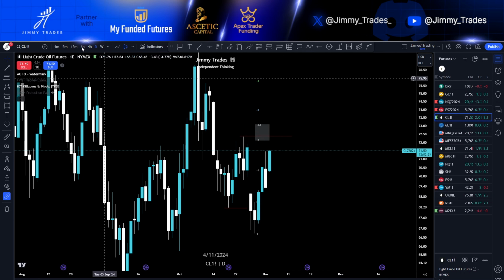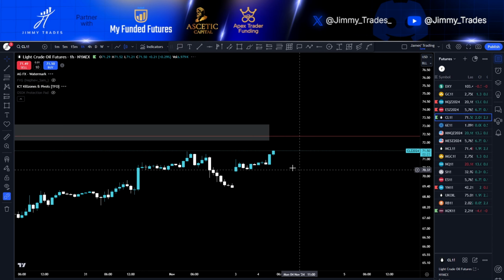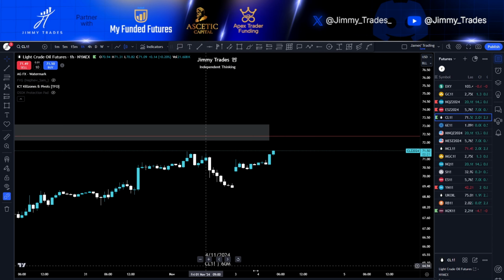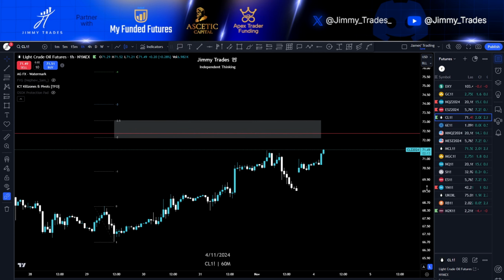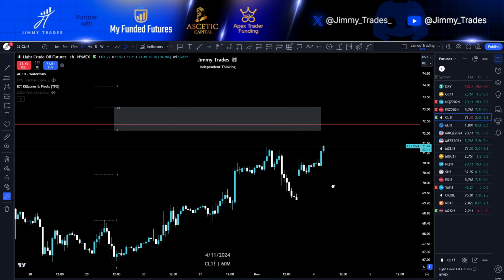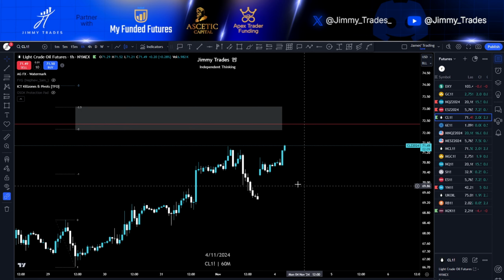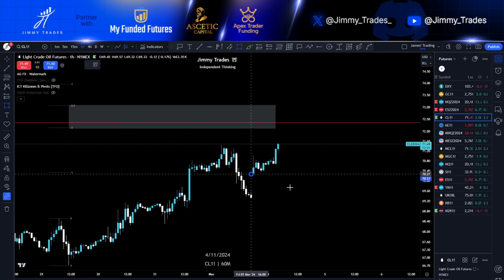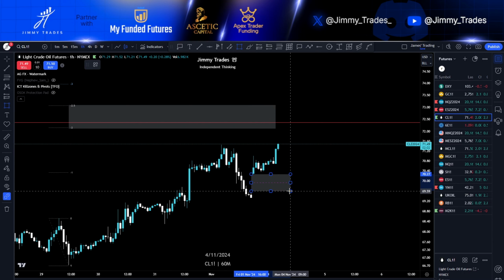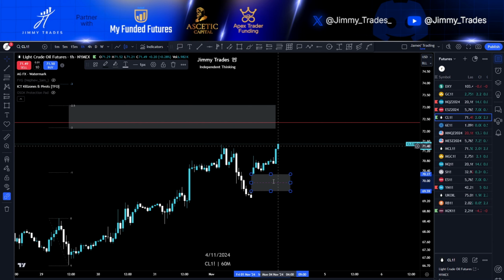and let's drop down to the hourly. So here's our manipulation, and here's our target region. Price is reaching for that. Now, one thing to note is we have a new day opening gap, and we know price likes to fill gaps.